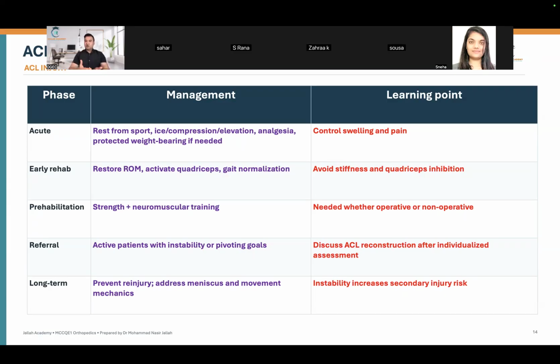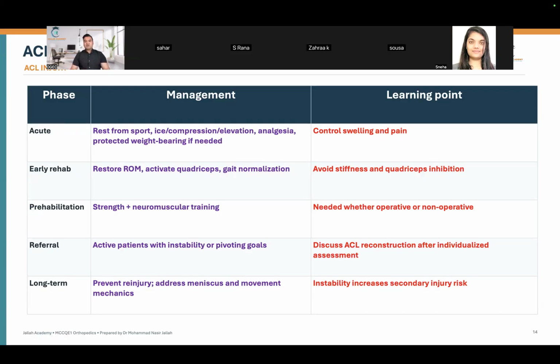And the patient has to know it and should expect it. So this is rest from the sport. It means the patient cannot go back to work, to exercise or sport or whatever he was playing. He has to take it easy. Another thing, he can use ice and compression. He can keep the limb elevated, take analgesics, and protect weight bearing if needed, obviously for somebody that needs it.